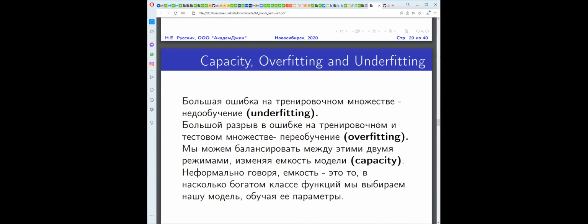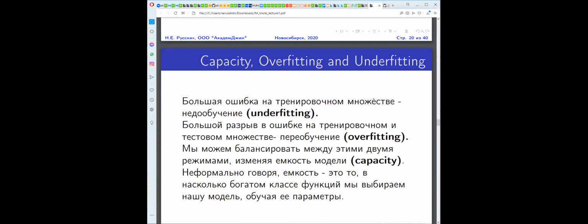We can balance between these two regimes by altering the model capacity. Capacity is still an informal term which everybody uses. Intuitively, a model with a larger number of layers, with wider layers, has higher capacity.